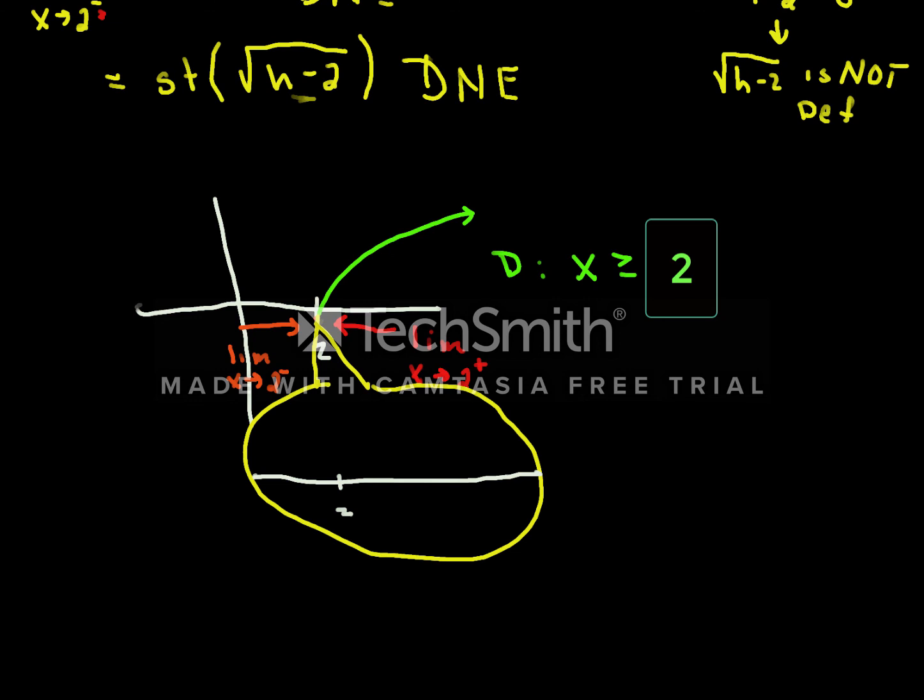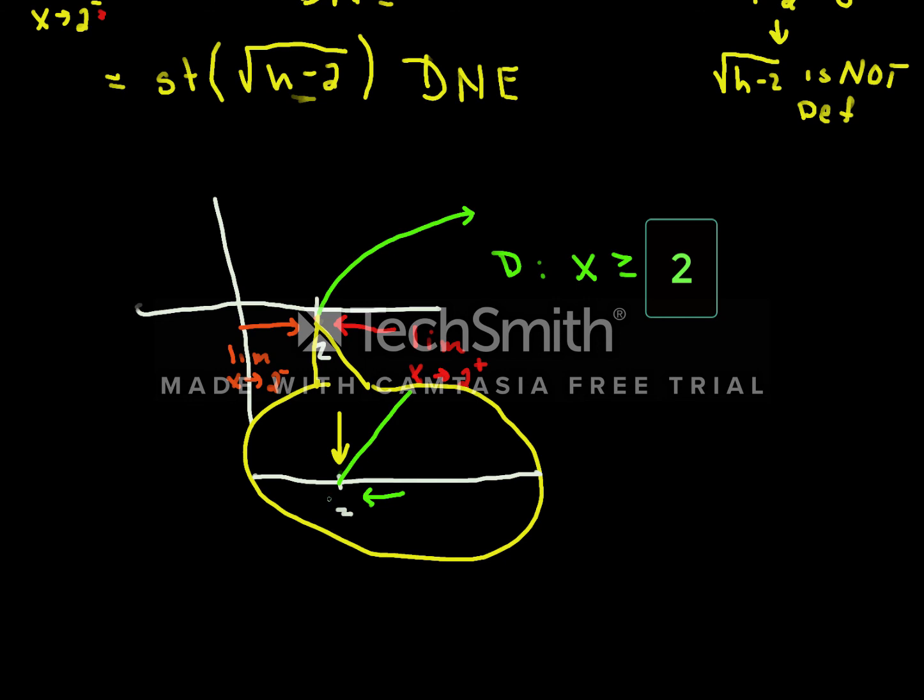And my graph would look very linear here, something like that. That would be our function there, and we see that as my input gets closer to 2, my output gets closer to 0.